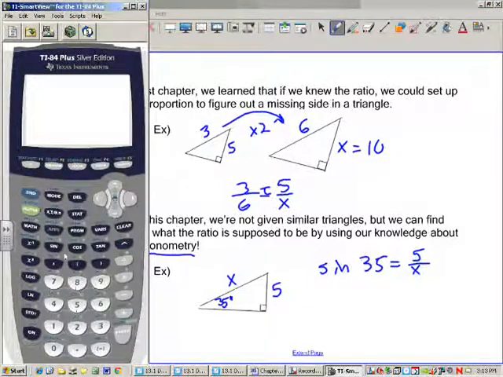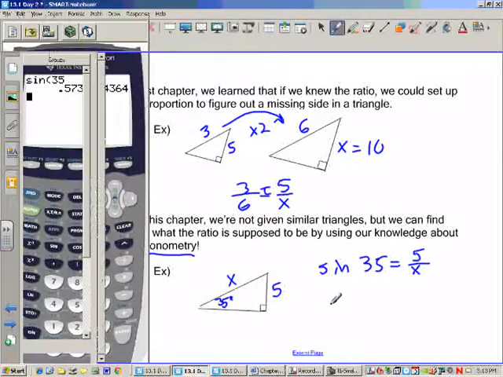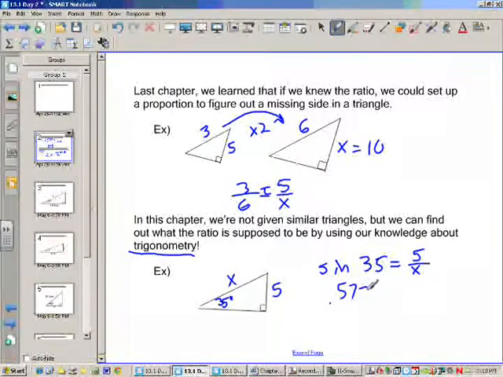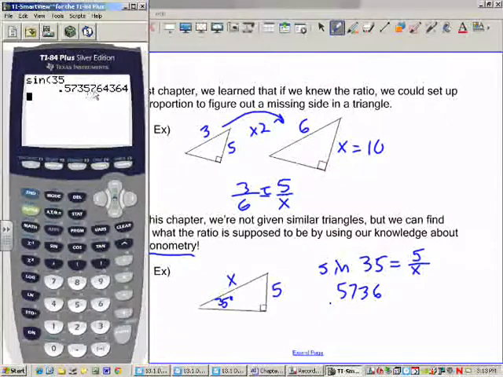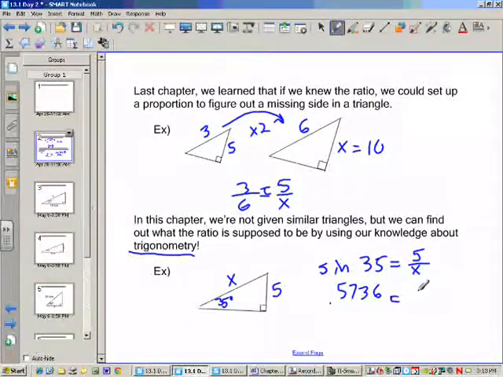I can just type into my calculator sine 35, and it tells us that that is 0.5736, because we have to round that last one up. And so that is equal to 5 over x.